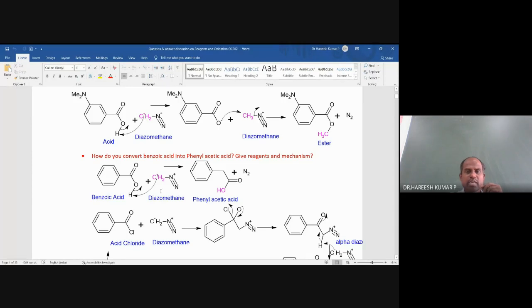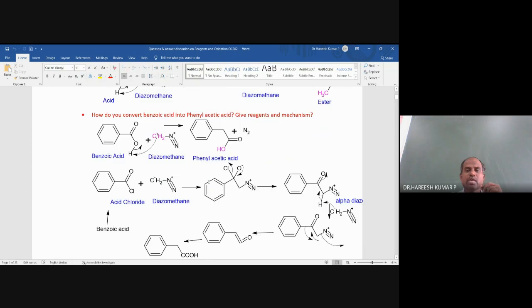By using diazomethane as a reagent, you can convert benzoic acid into phenyl acetic acid. What is happening here? A higher homologous carboxylic acid is obtained. Insertion of CH2 is possible through the alpha diazo compound. This is an alpha diazo compound.